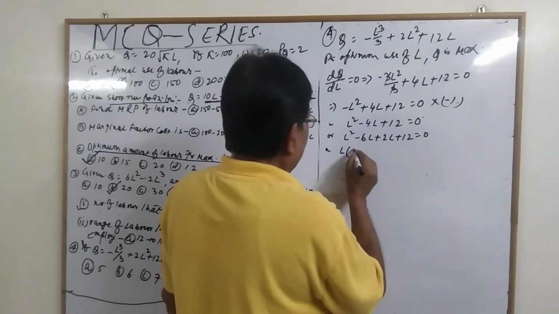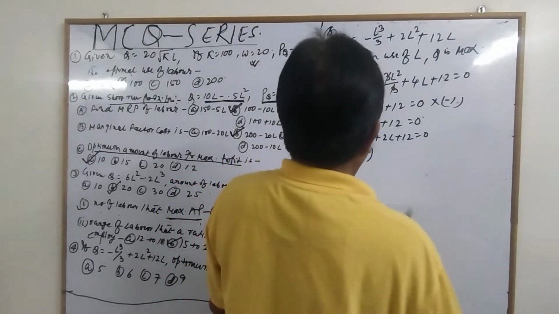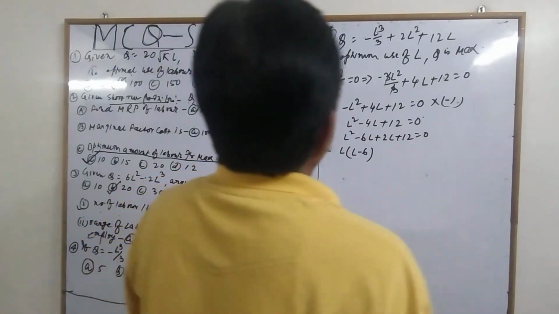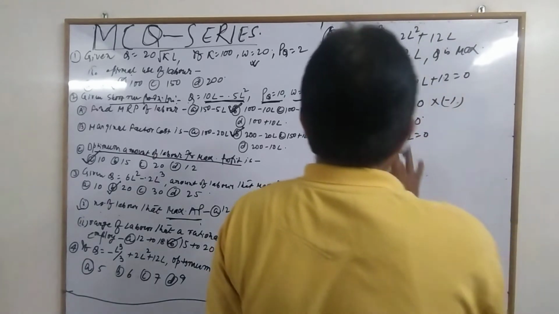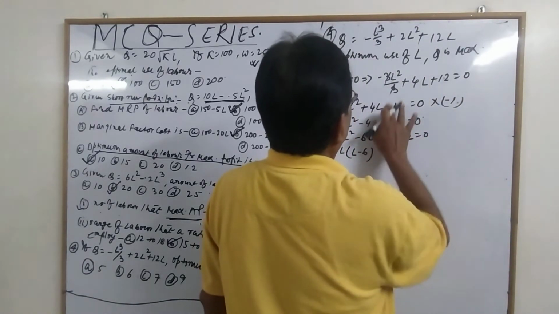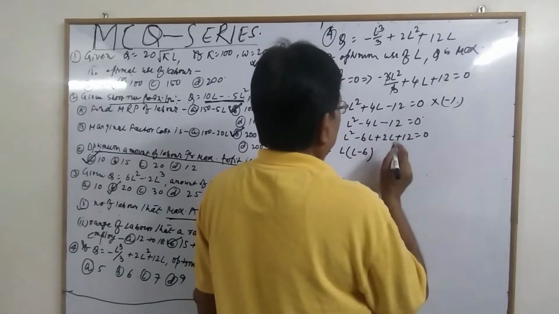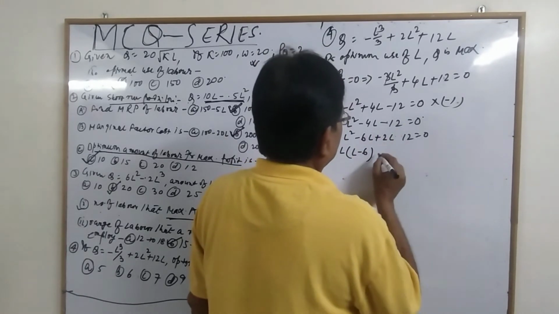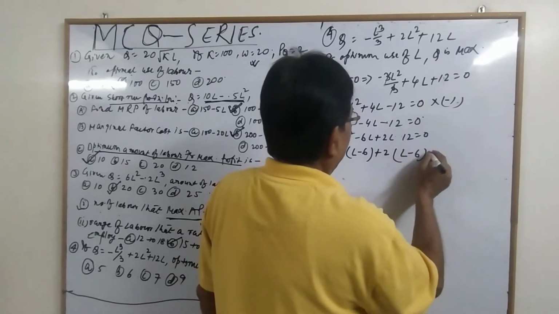Here L is taken common, L minus 6, and plus 2 is taken outside, L minus 6, equals 0.